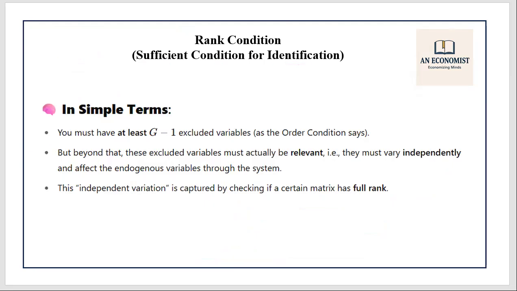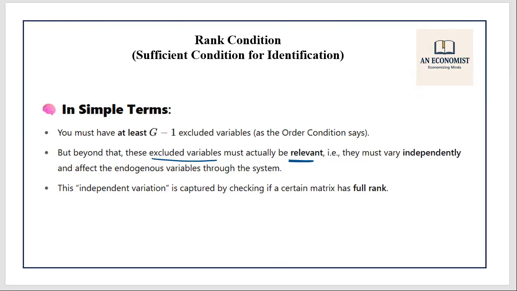Intuitively, in the order condition, we have already ensured that a sufficient number of instruments are present. Now, in rank condition, we want to check that those excluded variables that we want to incorporate into our model must be relevant also. It should not be that they cannot work independently, that they are not capable enough to explain the variation of the endogenous variable.